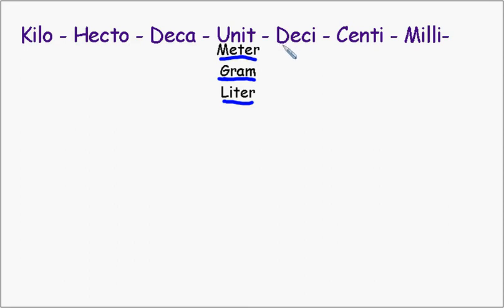Decimeter is a tenth of a meter. Centimeter is a hundredth of a meter, and a millimeter is a thousandth of a meter. So we came up with this phrase, or we didn't come up with it, but King Henry doesn't usually drink chocolate milk. To remember these, King Henry doesn't usually drink chocolate milk.